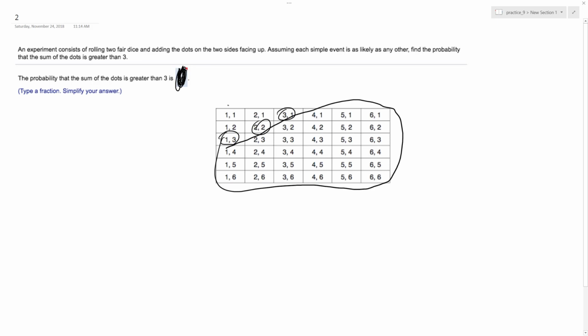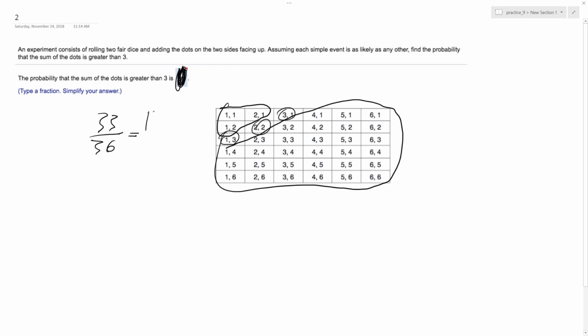And that means there's only 3, which are these up here, 1, 1, 1, 2, and 2, 1, that don't fit the criteria of greater than 3. So that means we have 33 out of 36 chances, and this reduces down. The greatest common factor is 11.